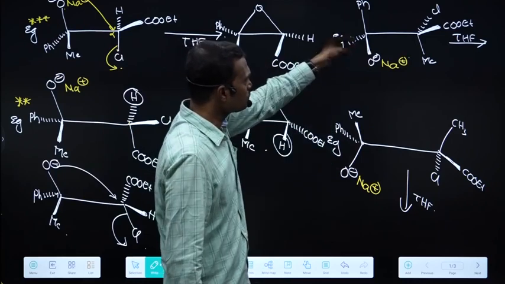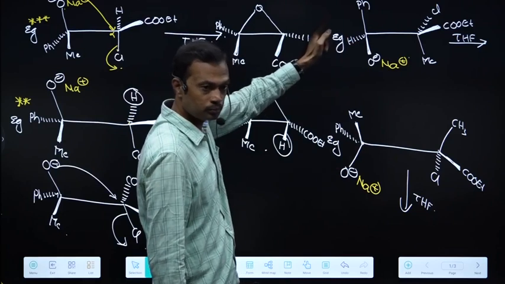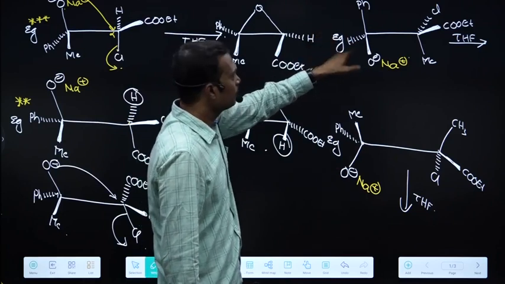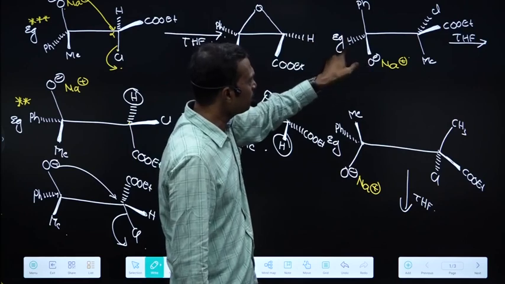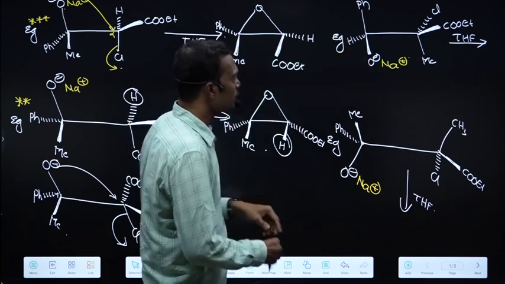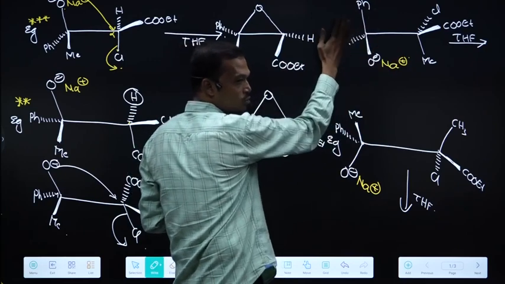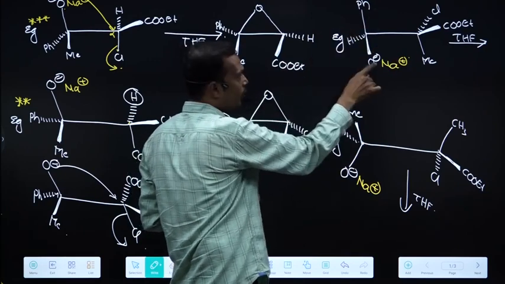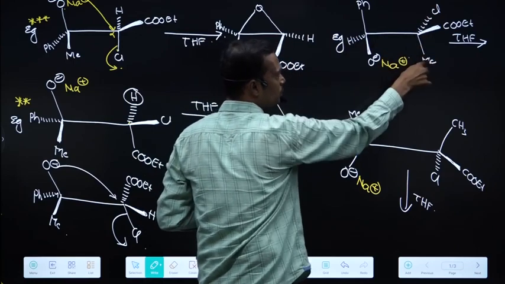Suppose if I bring this one, phenyl goes to the above side, hydrogen goes below. Still, this we need to bring vertical. So exactly in the middle, in between hydrogen and the O minus ion, we need to bring the vertical position. So if you rotate like this, it will come above, hydrogen goes backside. Okay. Now what about chlorine? If you rotate like this, chlorine vertical, this goes above, this goes below.